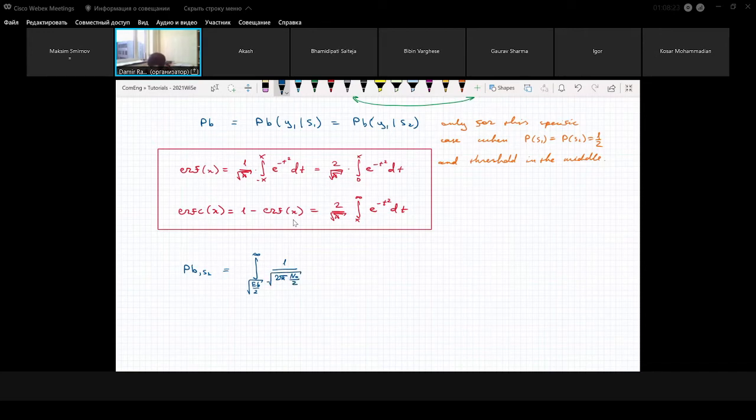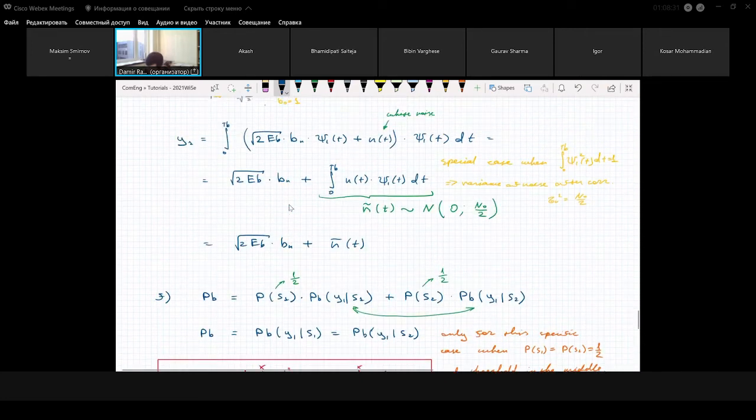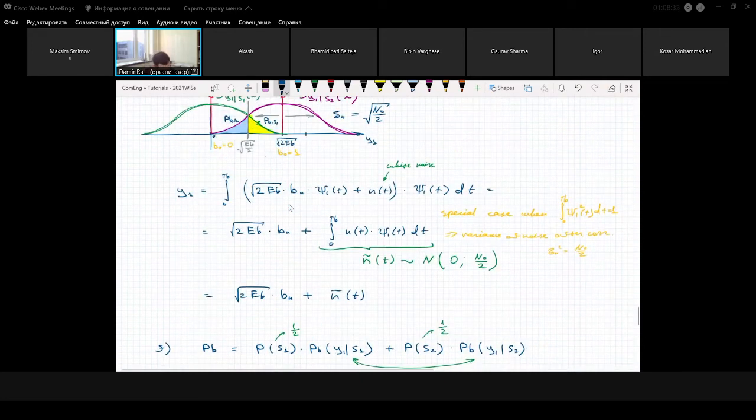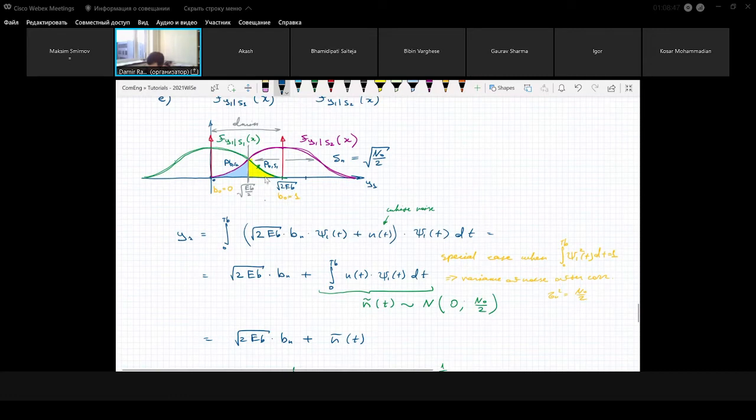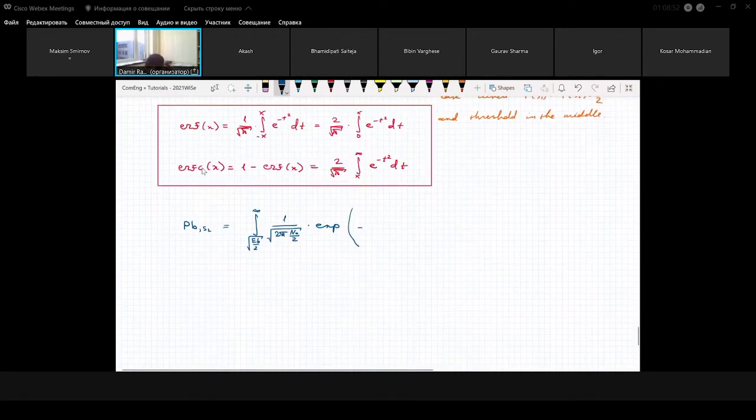Then exponential function of, I think we just use x as the variable, x minus the mean value, which equals 0, squared, divided by 2 times the variance, 2 times N0 over 2.